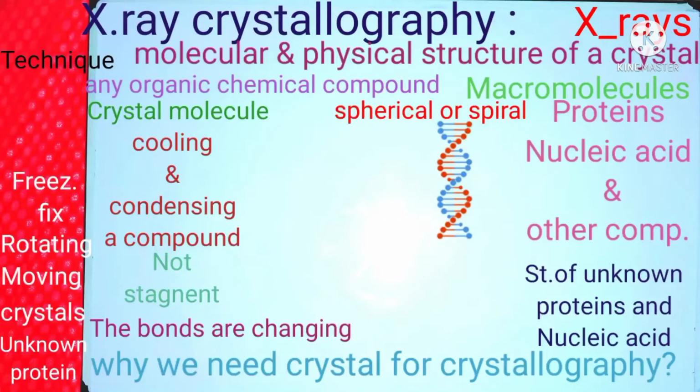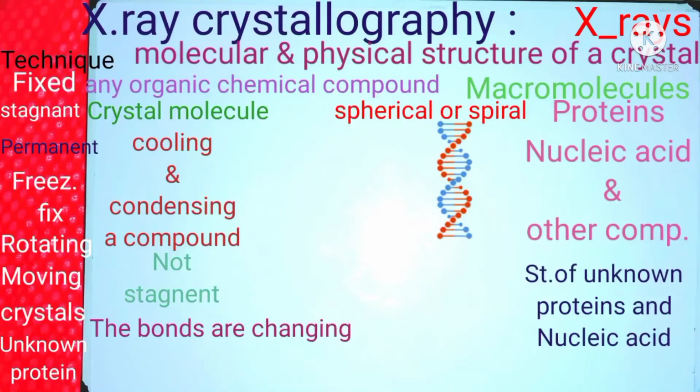Once we make the crystal, we can be sure that the molecules in the crystal must be fixed, permanent and stagnant. Now once that molecule is stagnant, it has different types of atoms linked in different regions, and that will be fixed throughout the experiment.